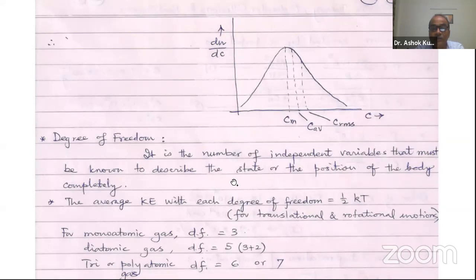State does not mean physical state. State means energy state, and position means position state. Position state means potential energy. This is kinetic energy. So full information is required. It can be given only when the complete number of variables are given.